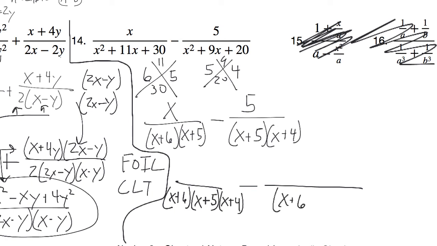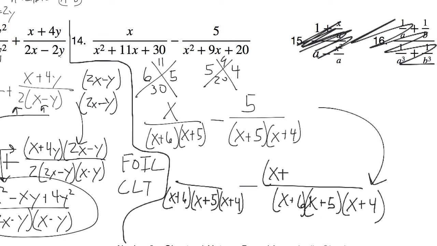Now, what do we need to multiply both the numerator and the denominator by to go from that fraction to that fraction? We would need to multiply both the top and the bottom by x plus 6. And what do you need to multiply both the denominator and the numerator by to get from that fraction to that fraction? You need to multiply it by x plus 4.